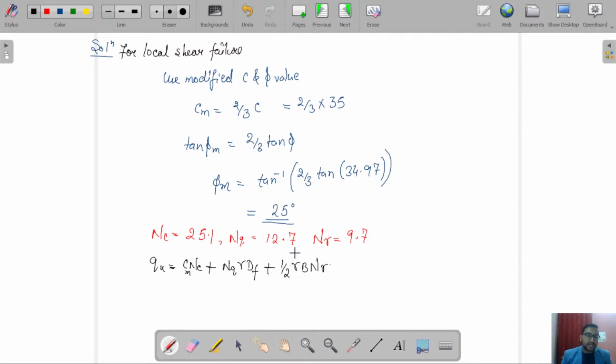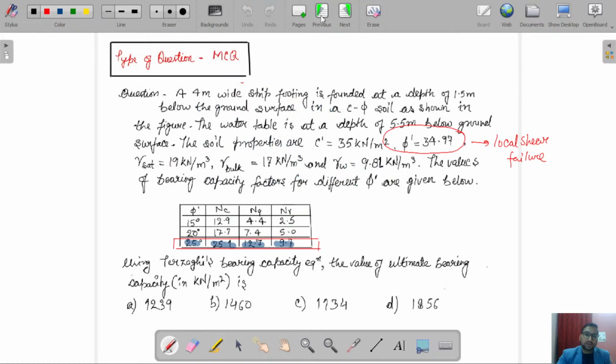So if the examiner makes a question from this topic, he will give you the value corresponding to the phi value you will get. But in case you get, suppose, the value as 23.